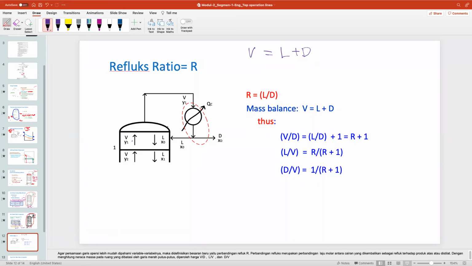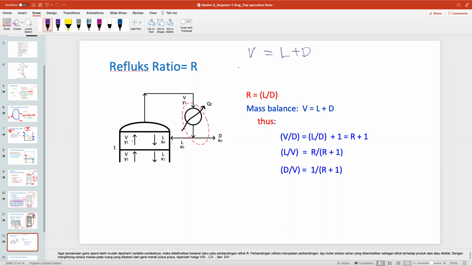If you have a high reflux ratio, most of your liquid goes back into the distillation column and you get less distillate. If you have a very low reflux ratio, you get a lot of distillate but little liquid coming in. Remember, we need the liquid coming in because it has to counteract the V, and we also need the L in the equation before.